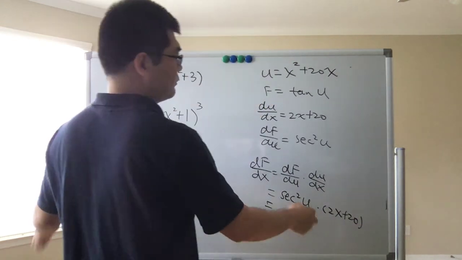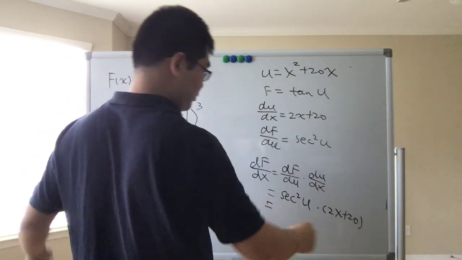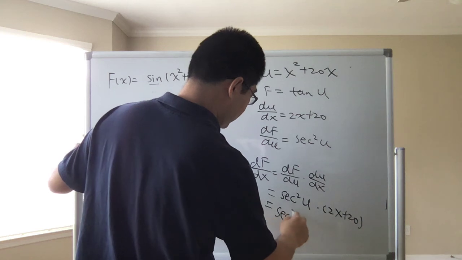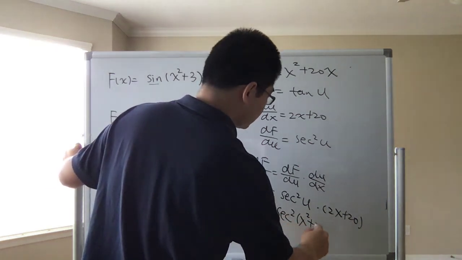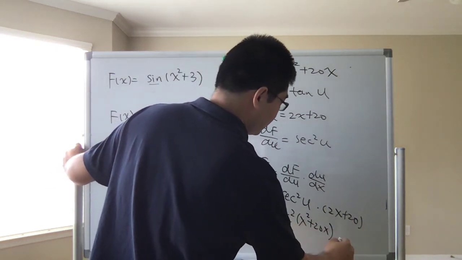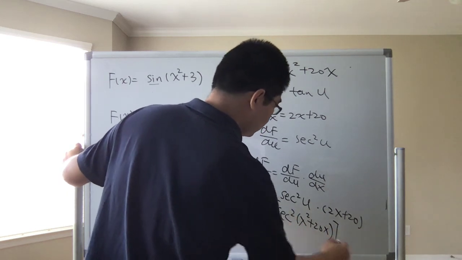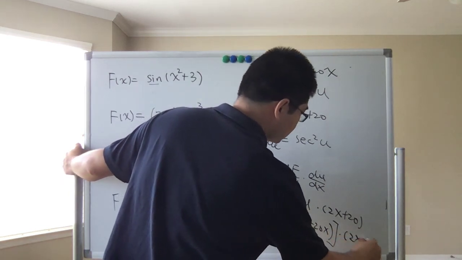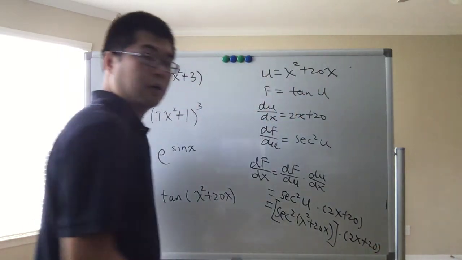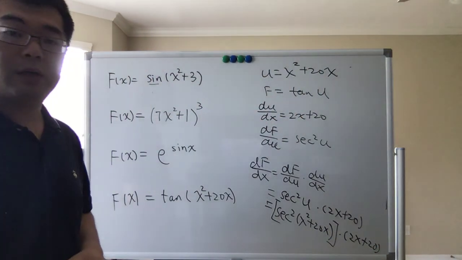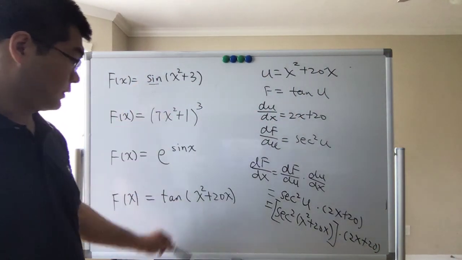But again, I have to substitute u back with x squared plus 20x. So it's secant squared of x squared plus 20x, and then maybe use a bracket, multiply by 2x plus 20. Okay, so now we're done with this.